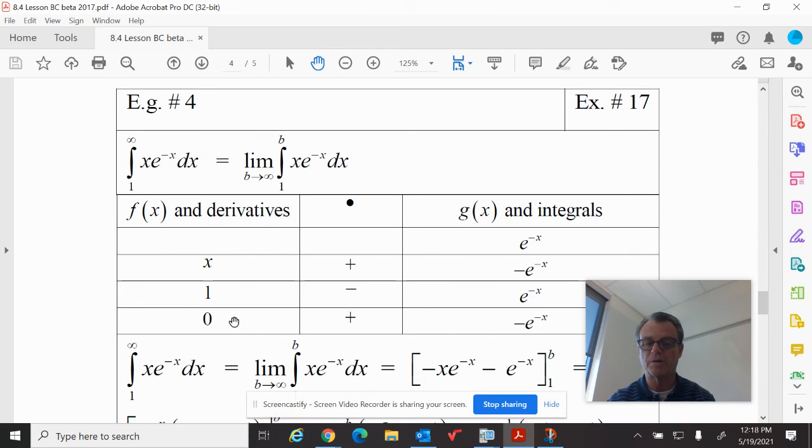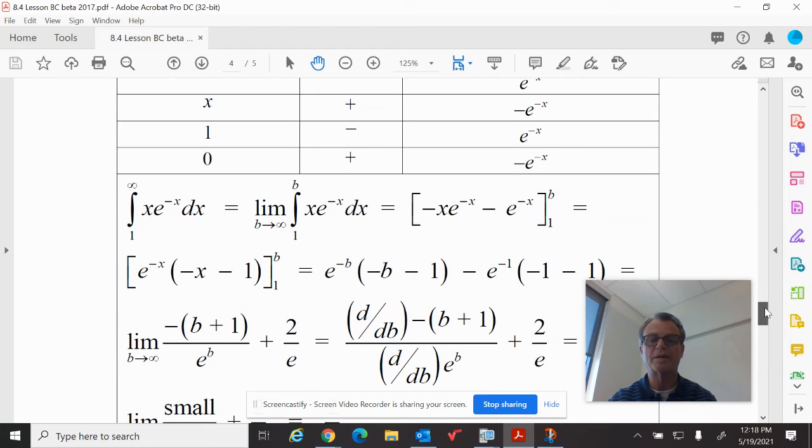X is going to differentiate to 1. E to the negative x gives you this over here. This would be the positive product, negative product. This would be 0 times that. So we get this: x times the negative e to the negative x, plus a negative 1 times e to the negative x, from 1 to b. That is the value of the integral.